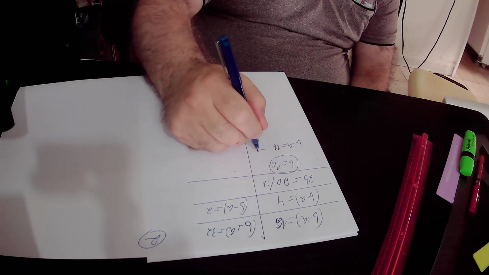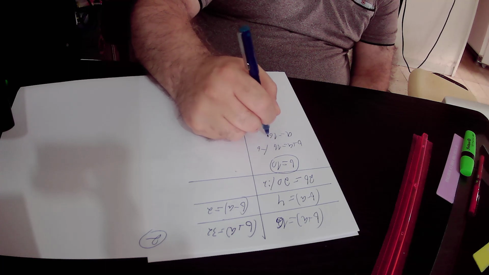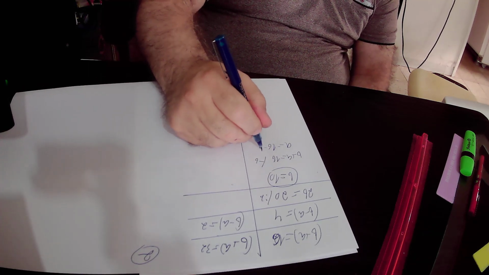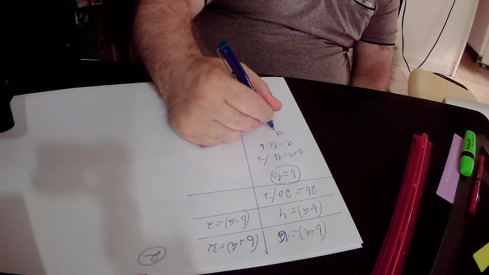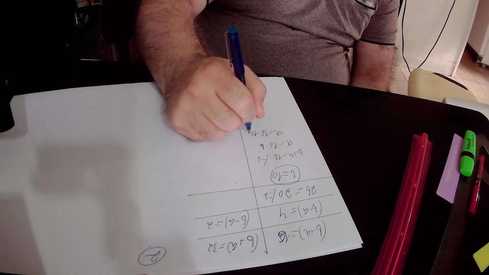We subtract B from this equation and we get that A equals 16 minus B. We have already found out that B equals 10 units, so we substitute B by 10 and we get that A equals 16 minus 10, which is 6.